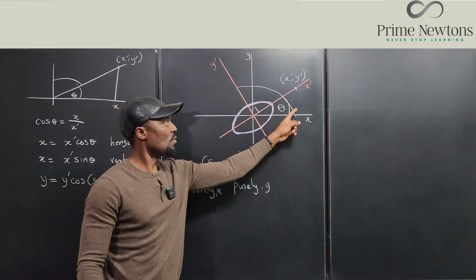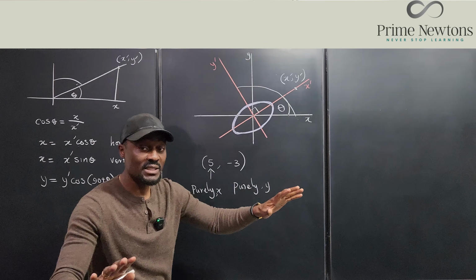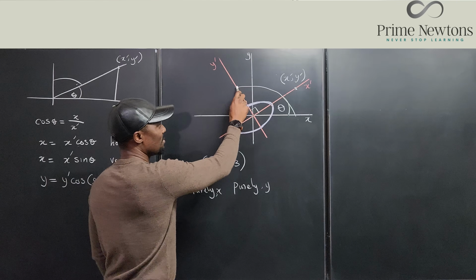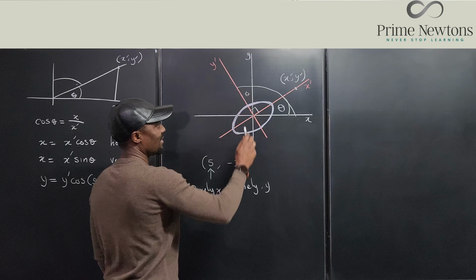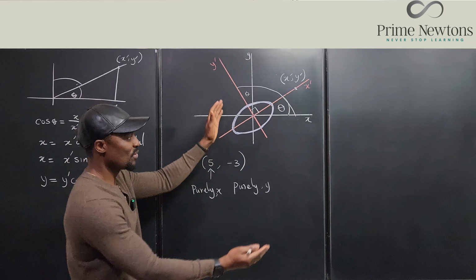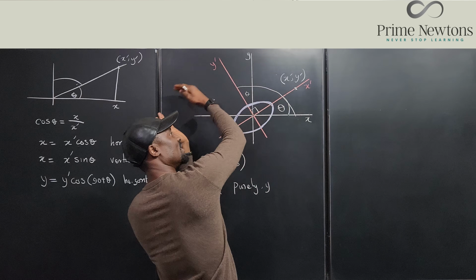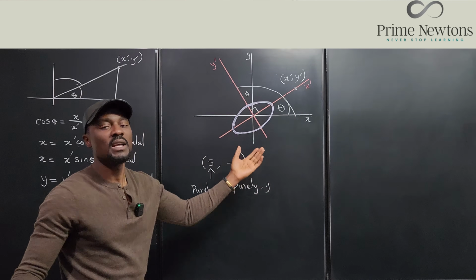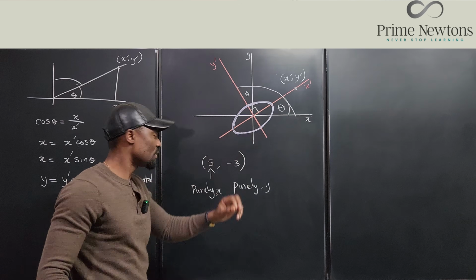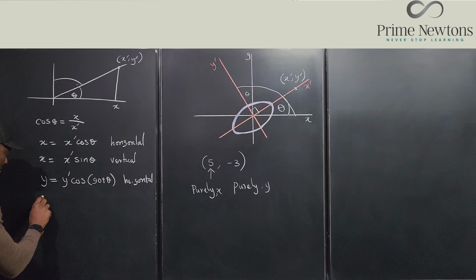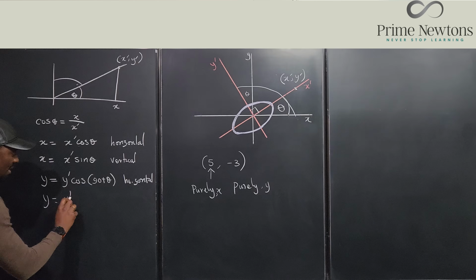From here all the way to x. And the vertical portion is just from here to here, which is theta. Remember, when you move your graph, if this goes up by 30, this goes this way by, not 30, by theta, this also goes up by theta. So here, y equals y prime.